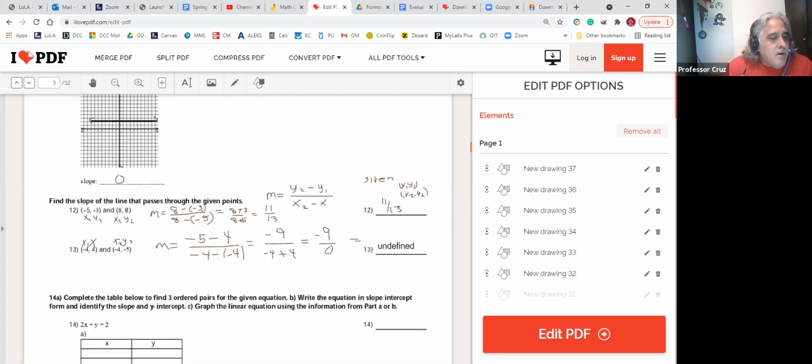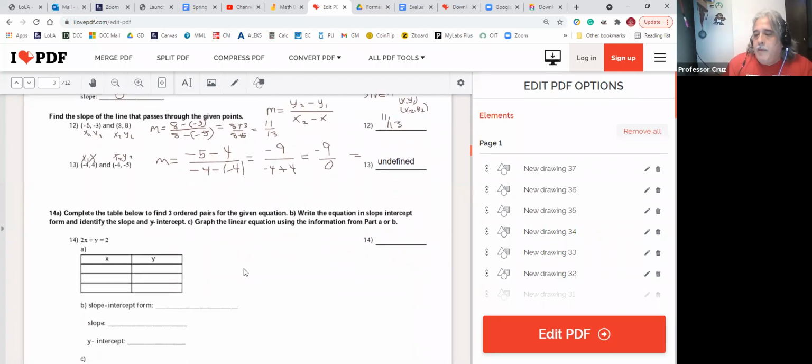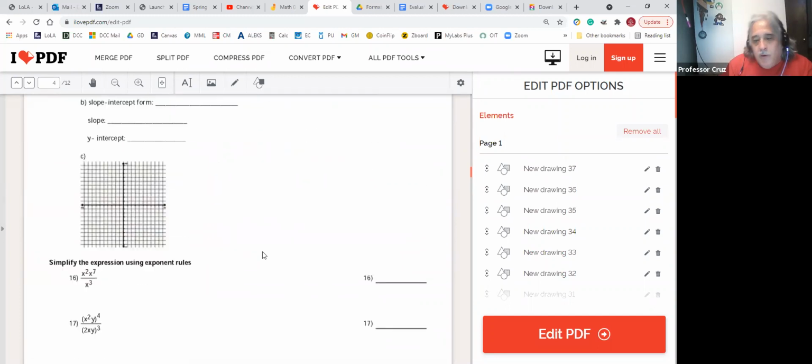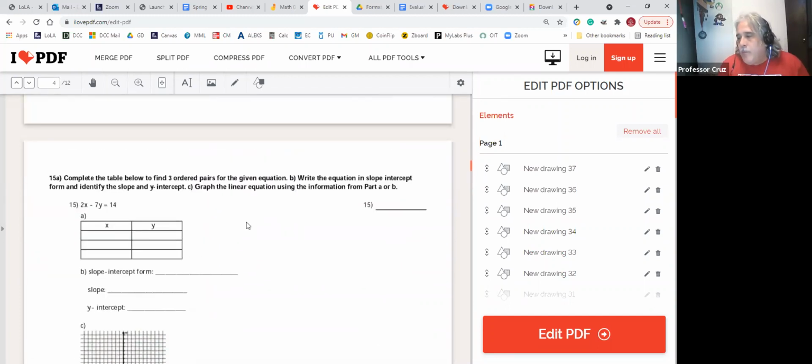All right, so let's go on down here and do a couple more graphs, and these are ones where they ask us for a third point. Now, the first thing they ask us to do is to put it in slope-intercept form.